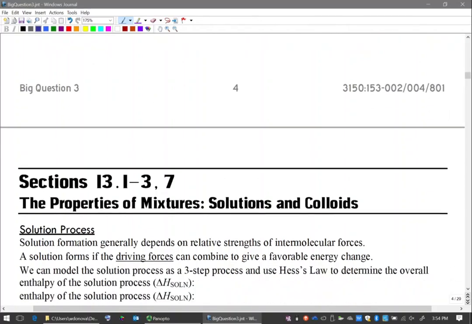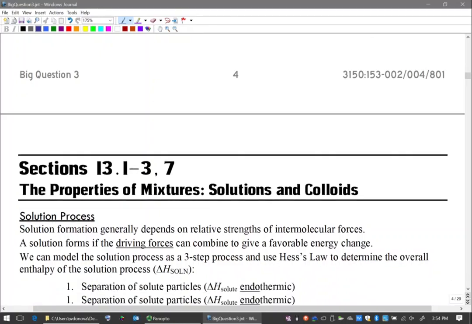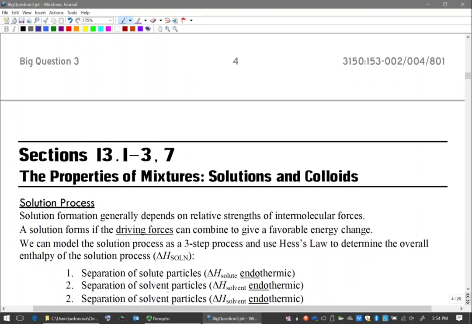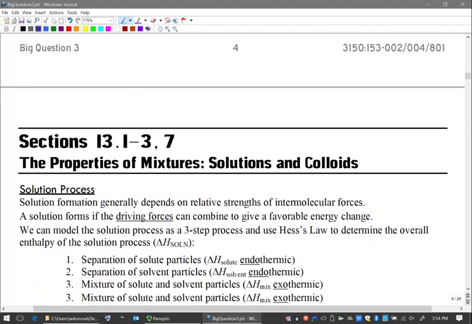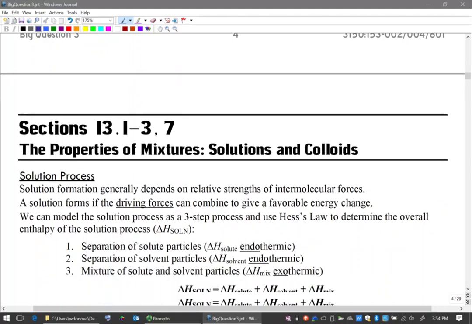So, does something dissolve in something else? It depends on the intermolecular forces. It depends on the kinds of bonds, the intermolecular forces. If the driving forces are favorable, then we know we get a spontaneous process. And this is where it works out well, actually, that we know something. We've heard something about delta H and delta S and delta G and stuff.